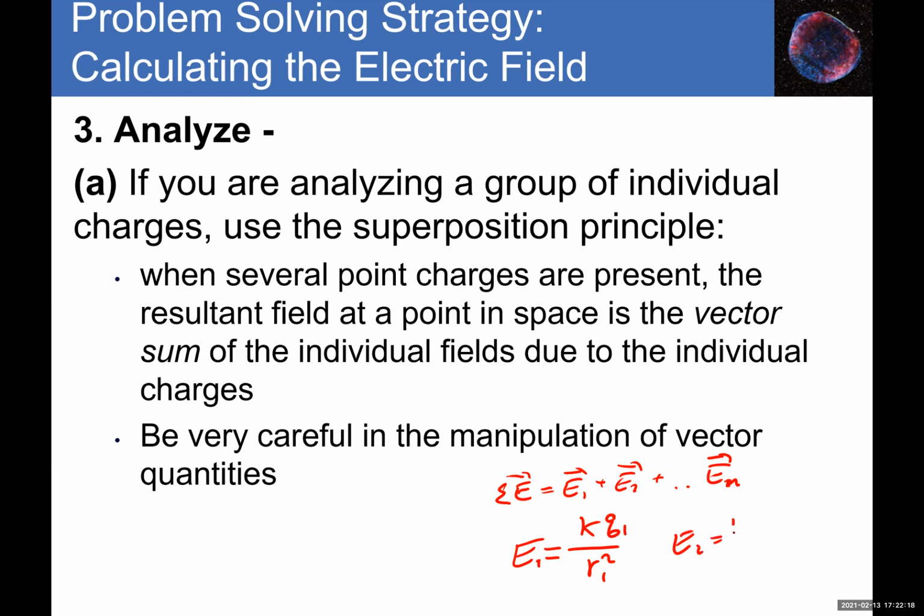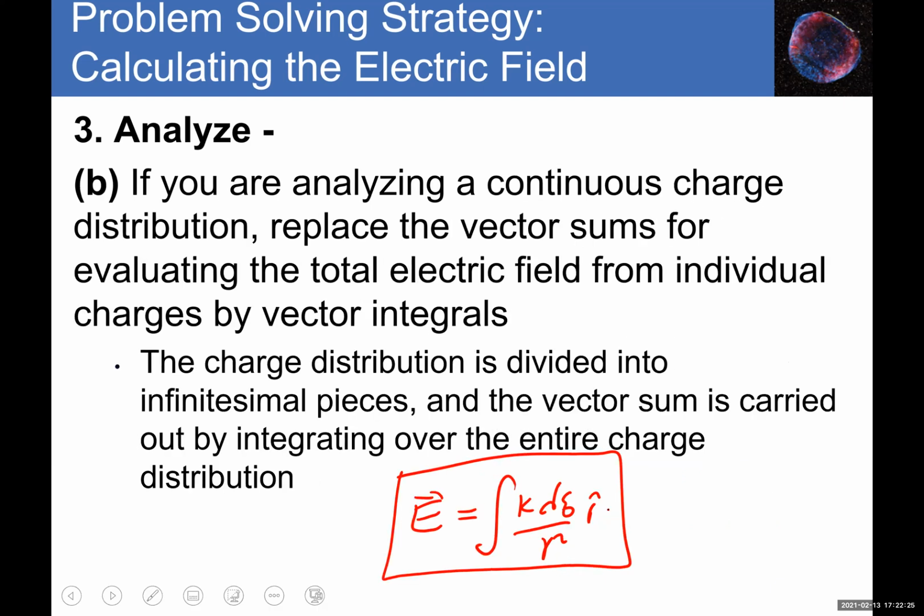Electric field 2 is kq2 over r2 squared, and so on and so forth. But here we find the expression for one element of charge, and then integrate over the entire surface, either one-dimensional, two, or three-dimensional, right? So you decide depending on the problem.